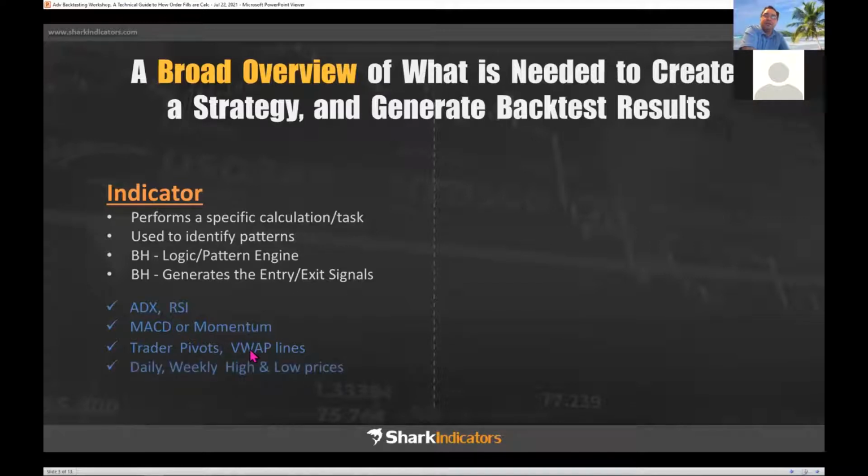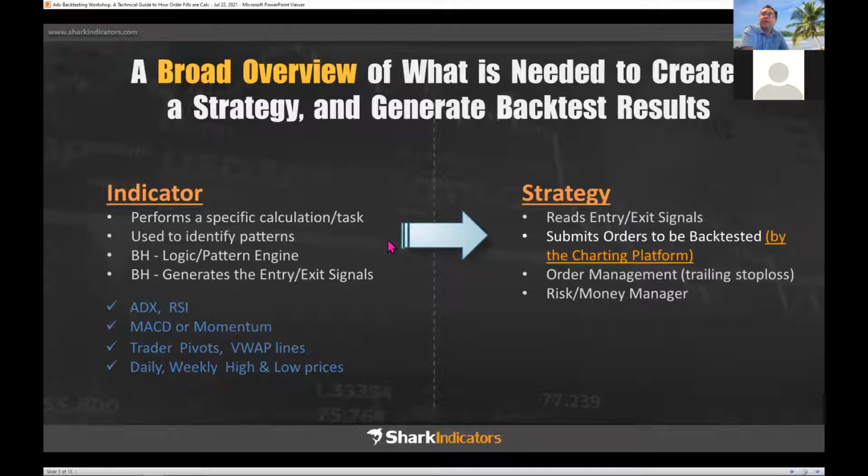And if you're a discretionary trader, you're probably using daily and/or weekly high and low prices, right? So indicators are basically the basis of all trading ideas. All right, so you start with your indicators, and then with your indicators you basically build a logic or a pattern in the engine, right?